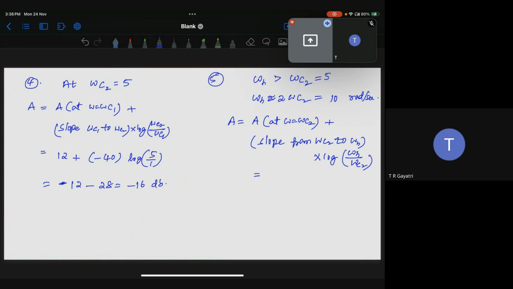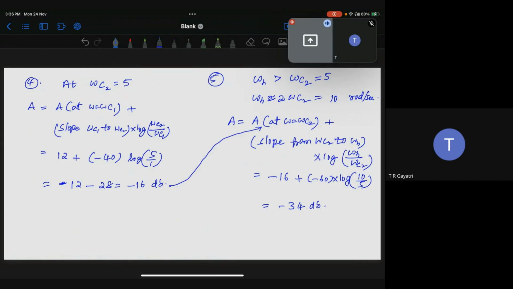First value is that one, minus 16. Plus minus 60 multiplied by log 10 by 5. If you calculate it, you will be getting minus 34 dB.